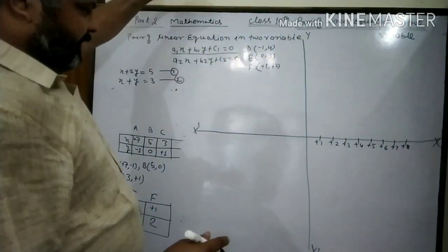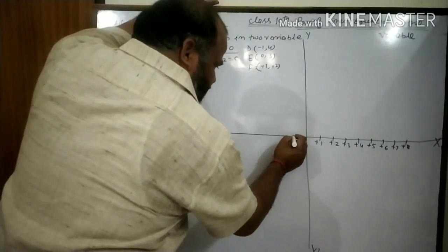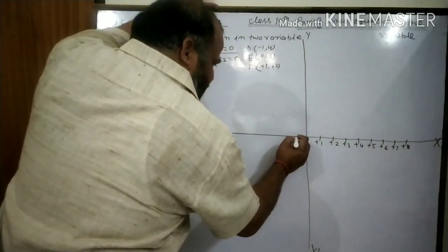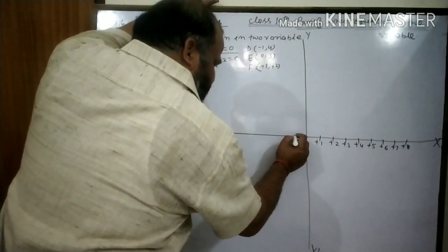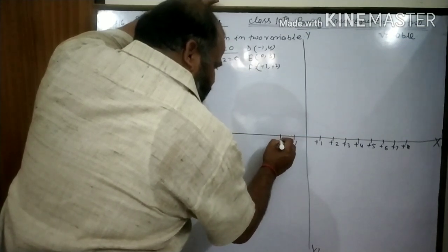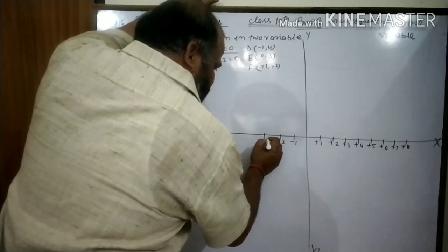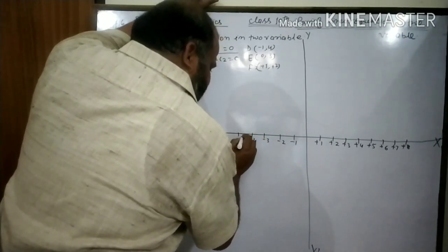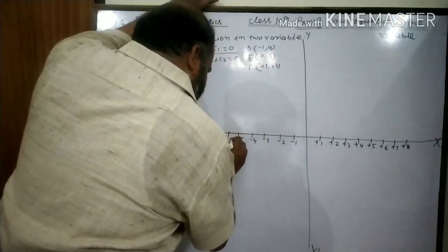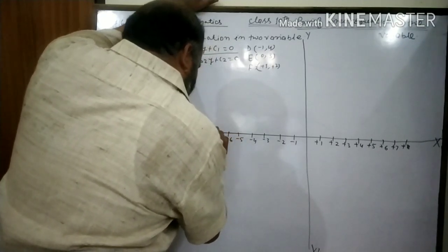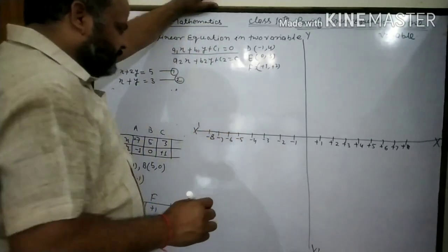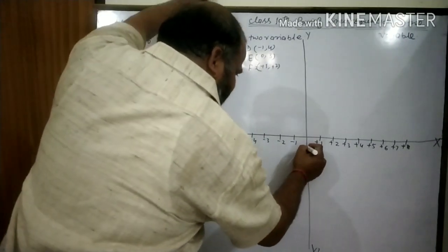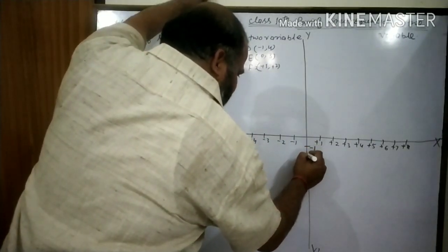We can assign a point with the help of a scale, and on the x-axis before the origin -1, -2, -3, -4, -5, -6, -7, -8. On the y-axis downside, every value is negative.